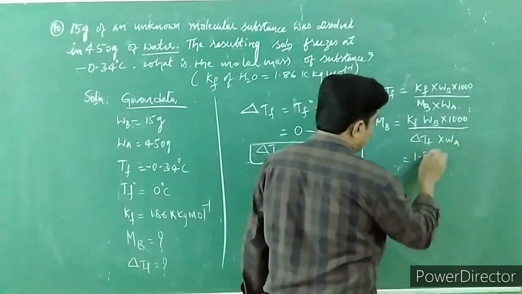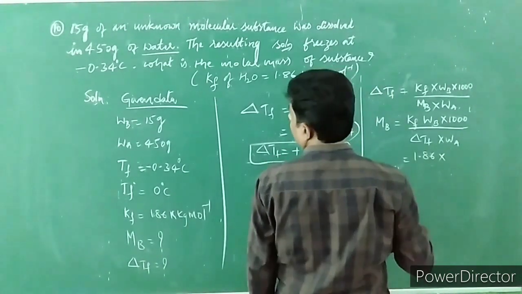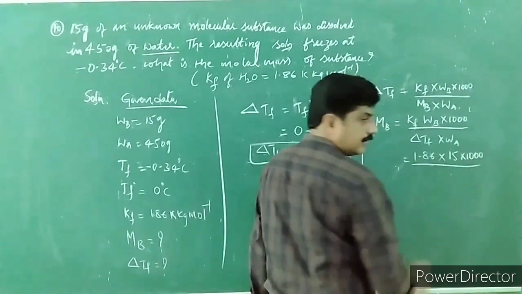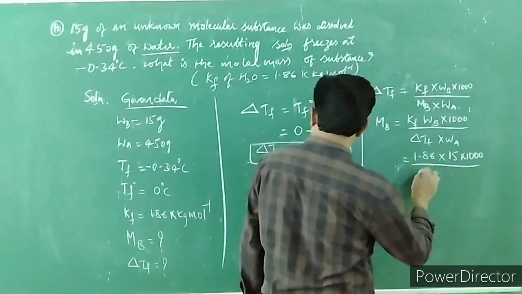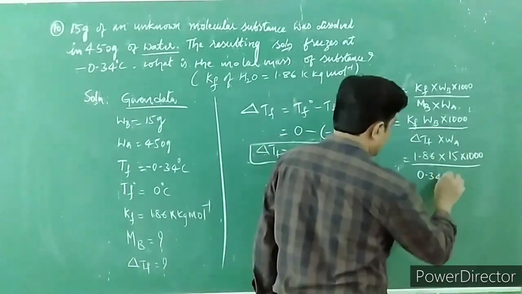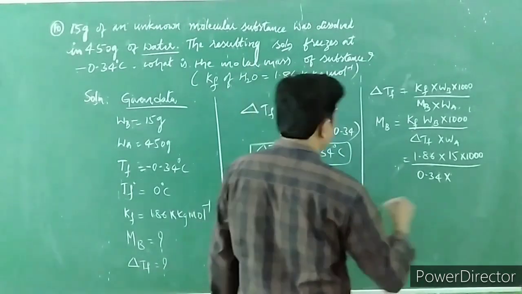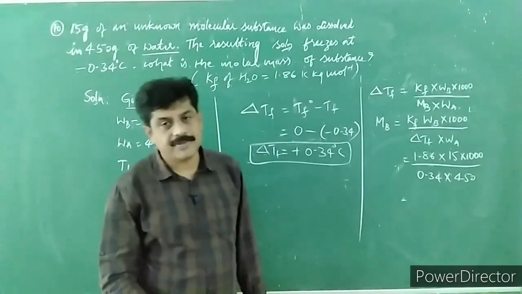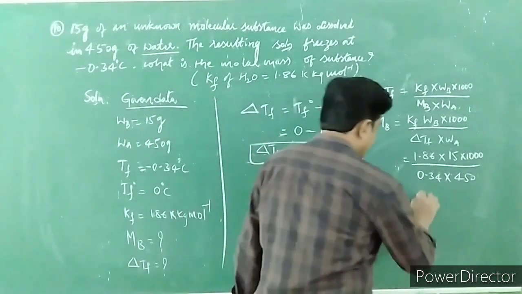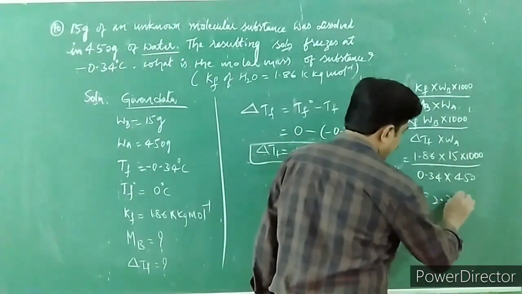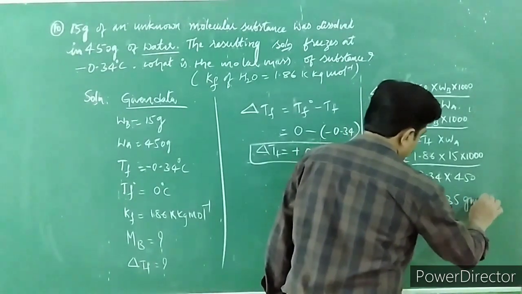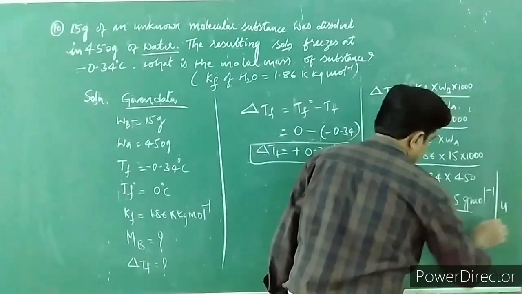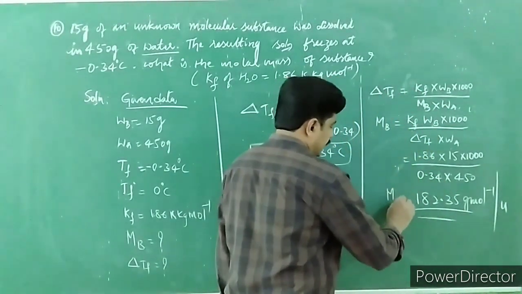Kf is how much? 1.86. Wb is how much here? Wb is equal to 15 grams into 1000 upon delta Tf is how much here? 0.34 and Wa is how much here? It is 450 grams. Children, if you simplify this, you are going to get 182.35 gram per mole or unified mass. This is Mb.